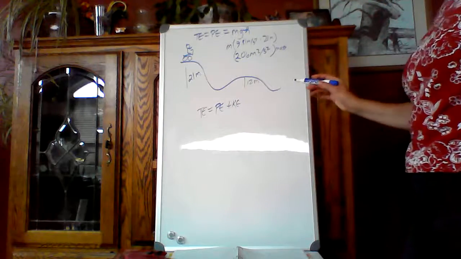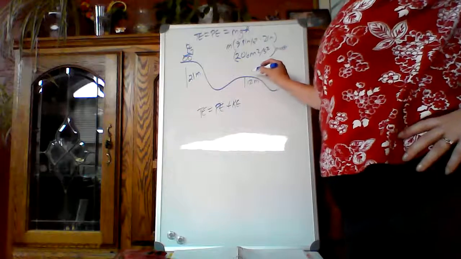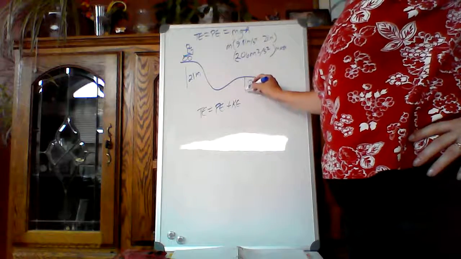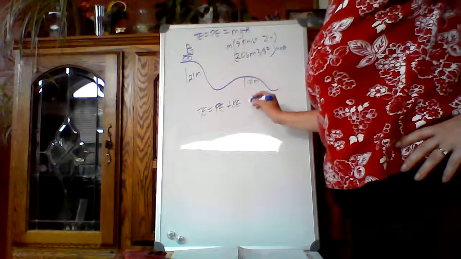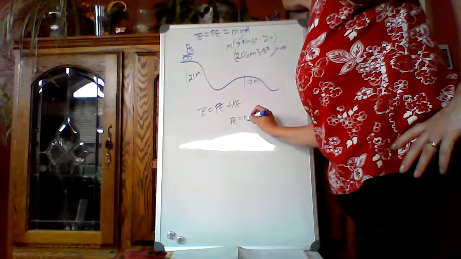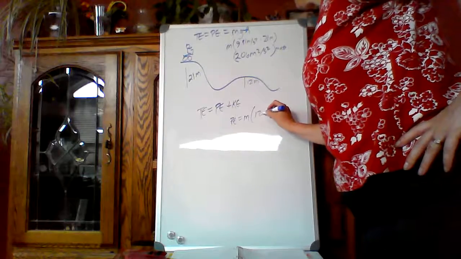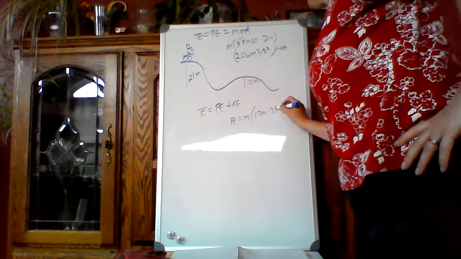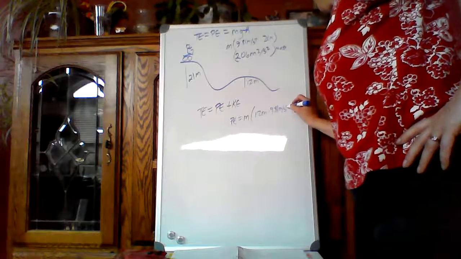And so the potential energy at this point, at point B, is going to be the same thing we just did. The potential energy will equal his mass, whatever it is, times 12 meters times 9.81 meters per second squared.